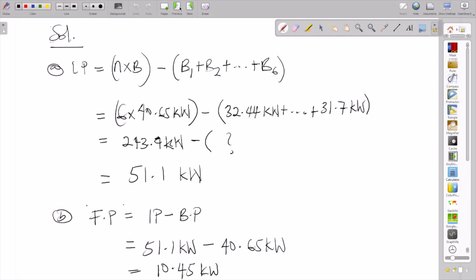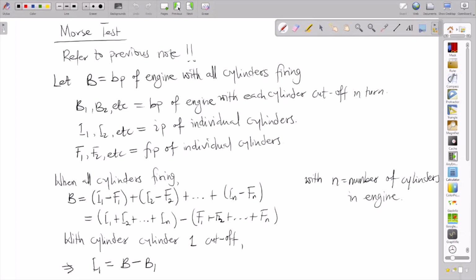Now, to recap what we've done, the Morse test is all about trying to find an approximate power being developed in the cylinder by cutting off cylinders whilst recording the power output at the output shaft.